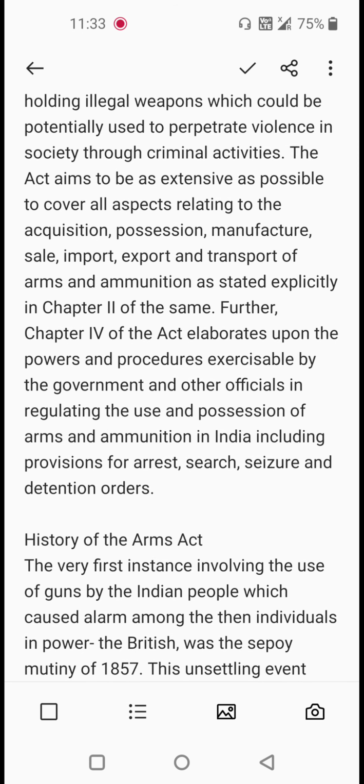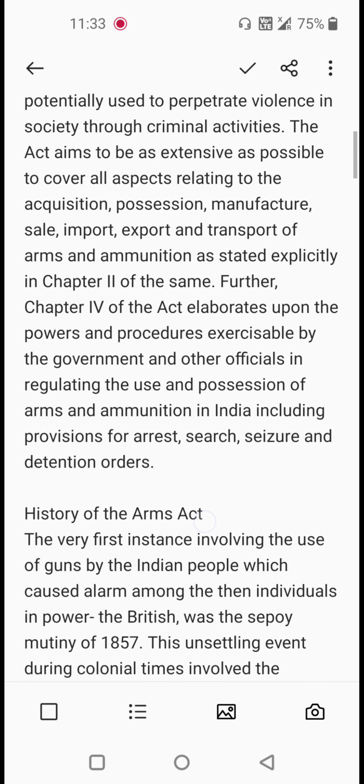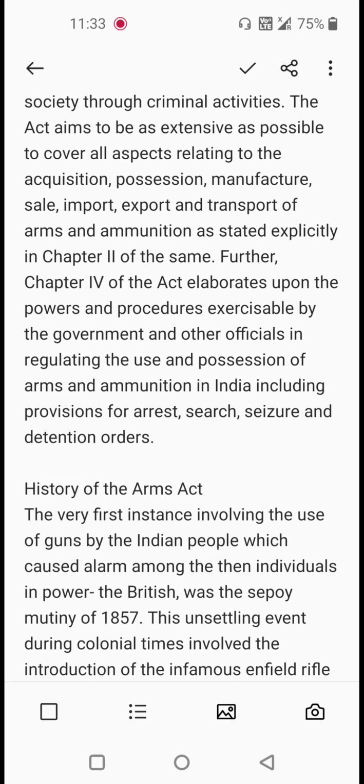The act aims to be as extensive as possible to cover all aspects relating to the acquisition, possession, manufacture, sale, import, export and transport of arms and ammunition, as stated explicitly in Chapter 2 of the same.